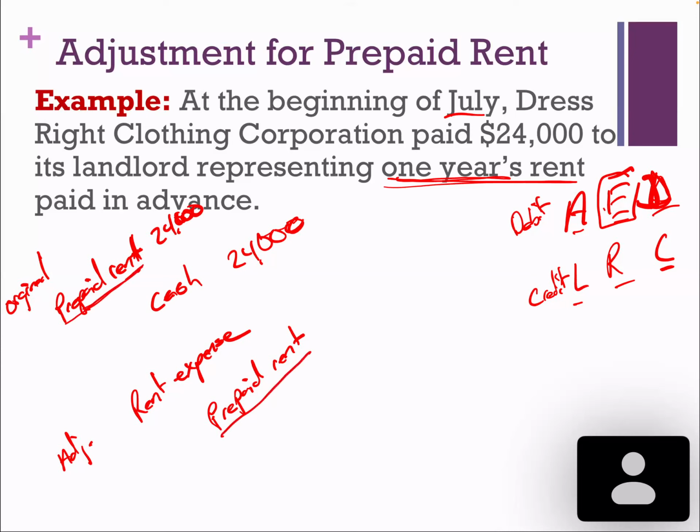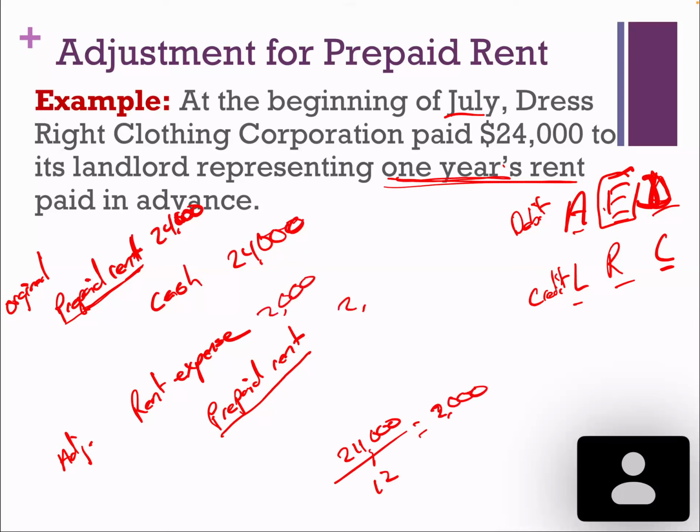Okay, so rent expense, prepaid rent. Now normally the math isn't hard, right? So we have $24,000, that represents 1 year. So 24,000 divided by 12 gives us $2,000 per month as the cost of our rent, and we've used 1 month of rent, okay?